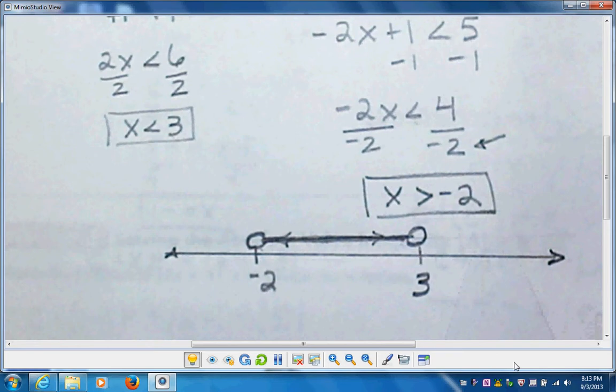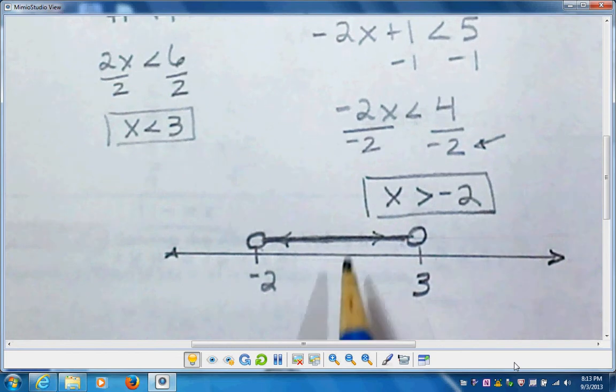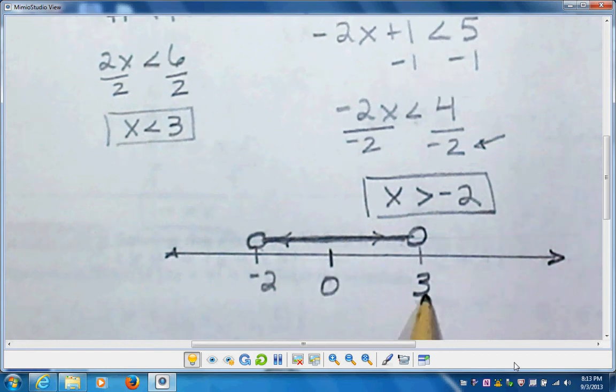Let's see if this is true. I can pick any number between negative 2 and 3 and put it in my original equation, and it should work. How about 0? I like the number 0. It's easy to work with. So 0 is between negative 2 and 3.